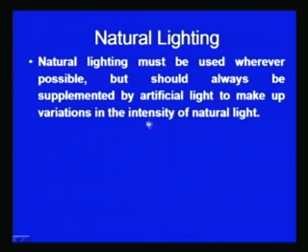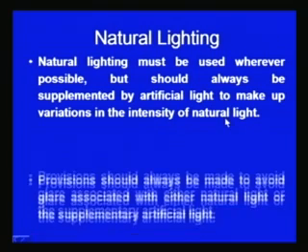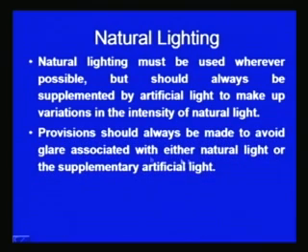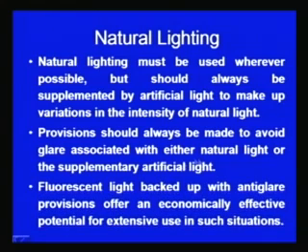Provisions should be made to avoid glare associated with the natural or supplementary artificial lights, and fluorescent light backed up with anti-glare provisions is recommended and often used in order to avoid the adverse effect of the glare and improve the quality of the visual environment.